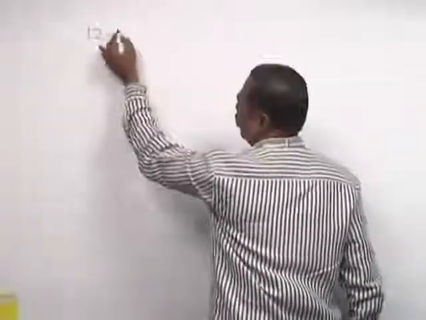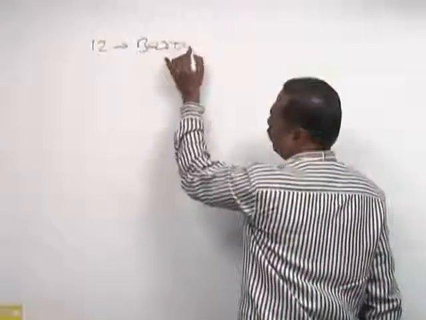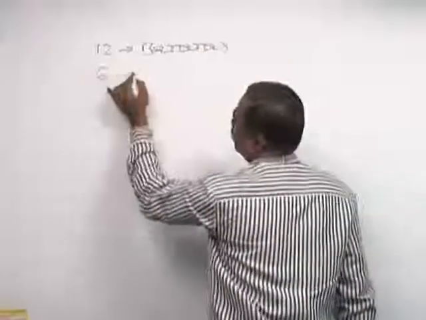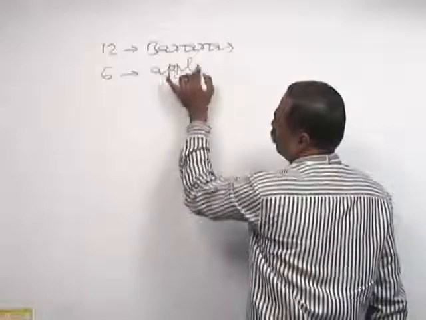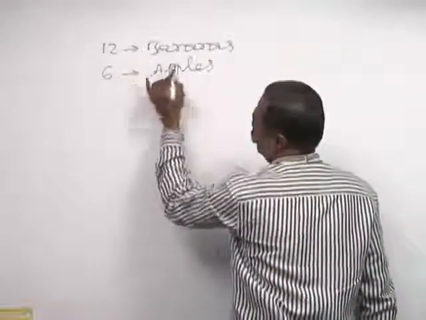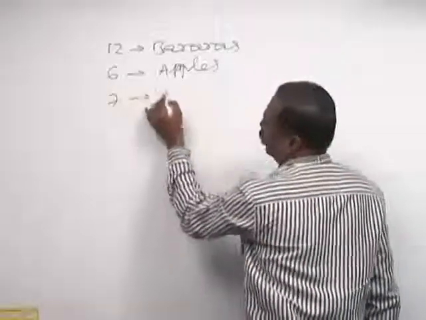Should I repeat? There are 12 bananas, 6 apples and 7 oranges.